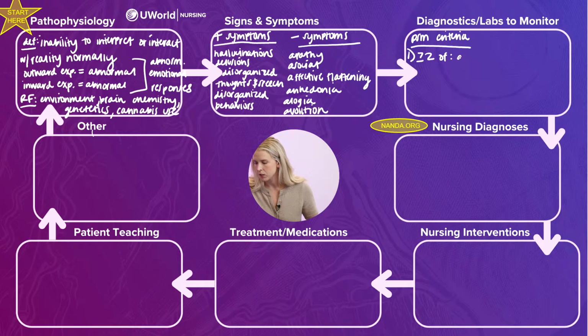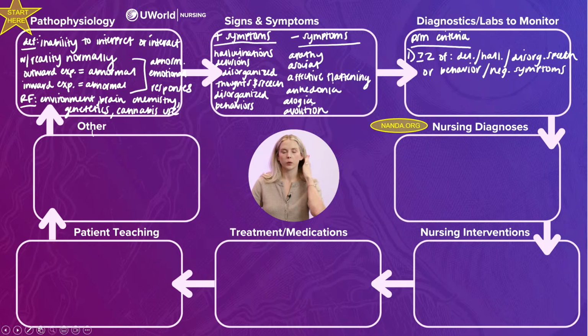So we're going to have delusions, hallucinations, disorg speech, or behavior, and negative symptoms. So we have to have greater than or equal to 2 of the following that we just described.